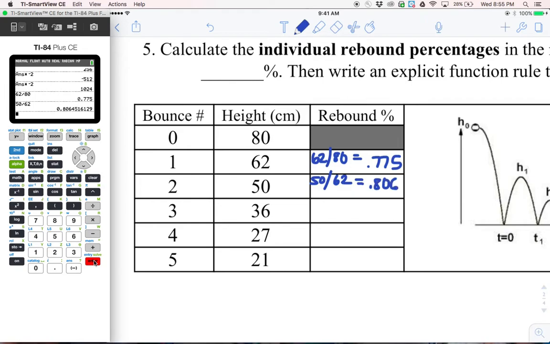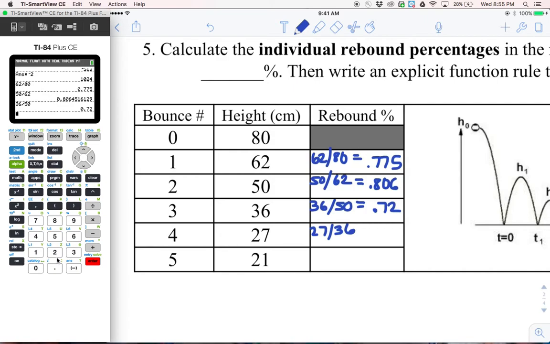Okay, the next one we got 36 divided by 50, which is 0.72. All right, then we've got 27 divided by 36.